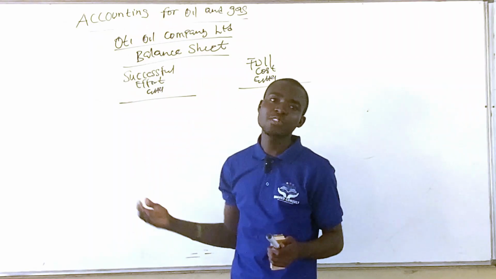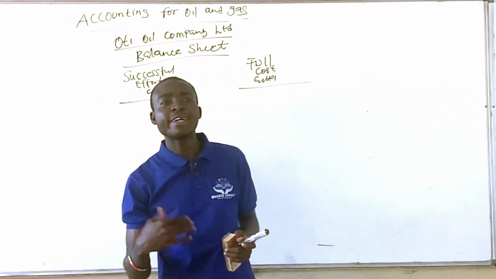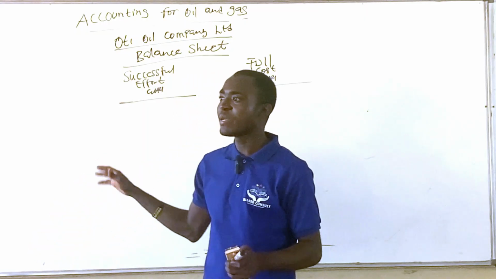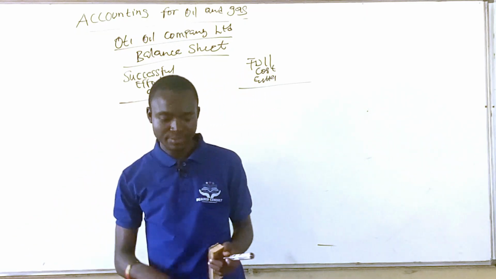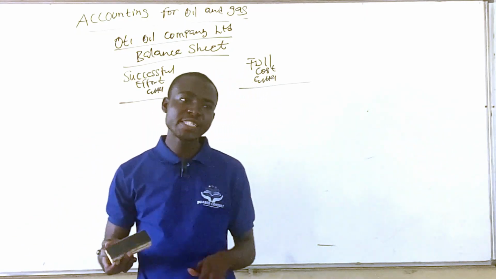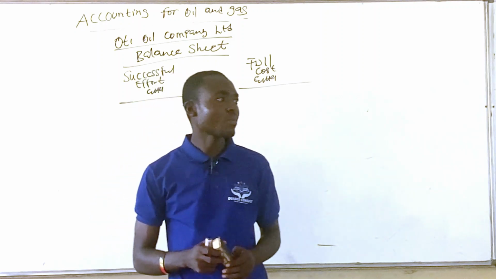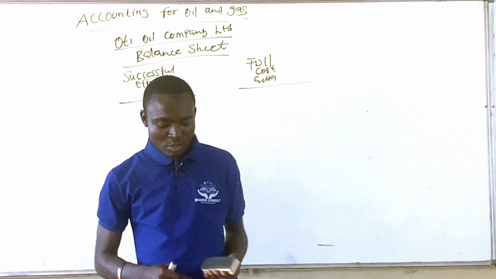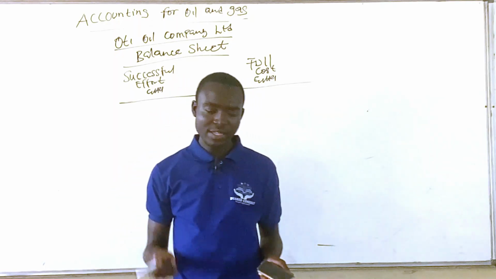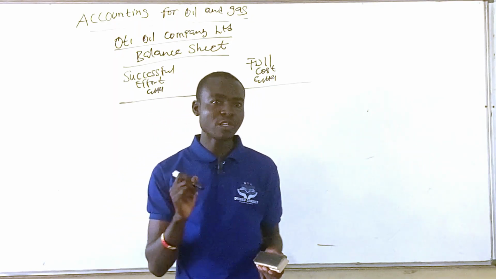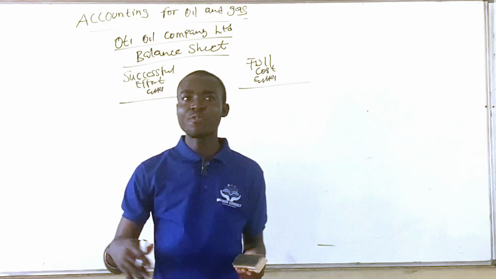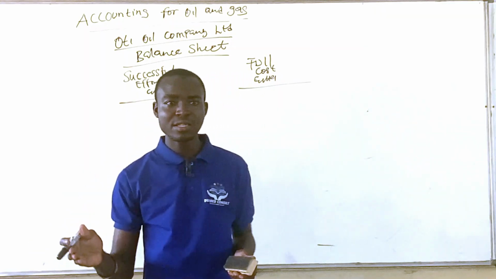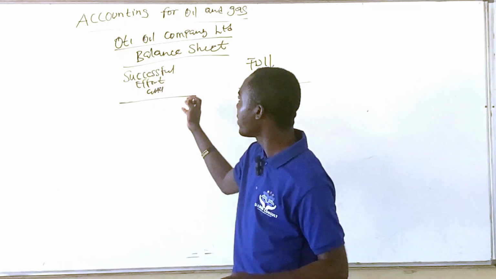When it comes to the preparation of the balance sheet, only the transactions that were capitalized will be recorded. Next transaction is D&A cost. That's the geographical and then geophysical cost. Under the successful effort method, it was written off as an expense, so we will not record it in the balance sheet.